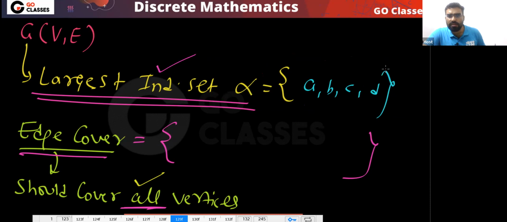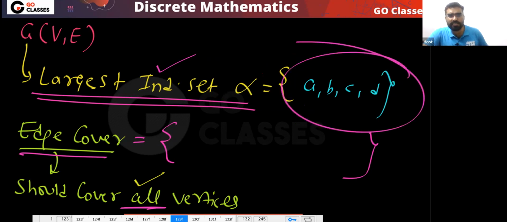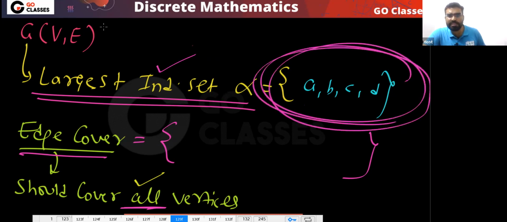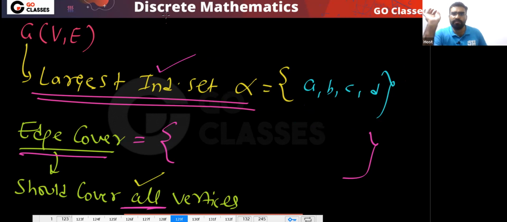There is no edge incident on 2 of them because they are non-adjacent. So there is no edge which can cover more than one of them.